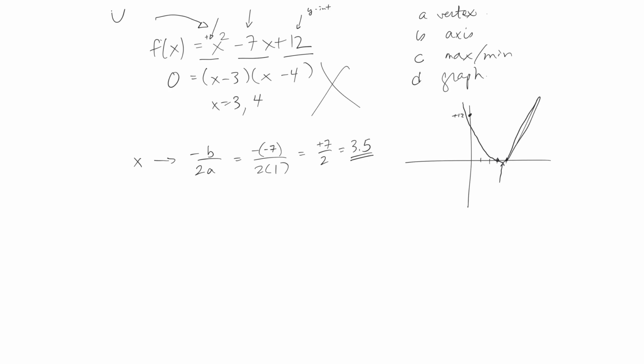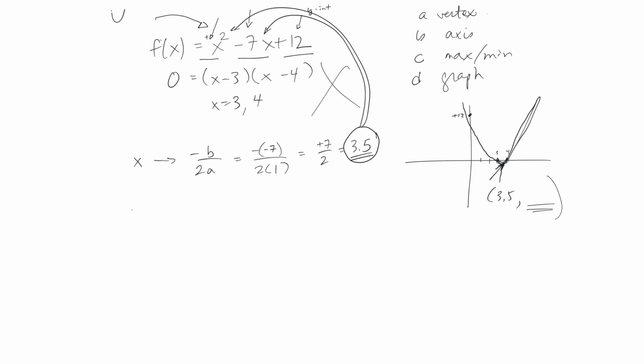So that point right there, that one up there, the x value would be 3.5. And that makes sense, because if this is 3 and this is 4, it makes sense that the vertex is sort of halfway between there. Okay, but now I want to know what the y value of that is. So to find the y value, you take this x value and you plug it in everywhere you see an x up there.